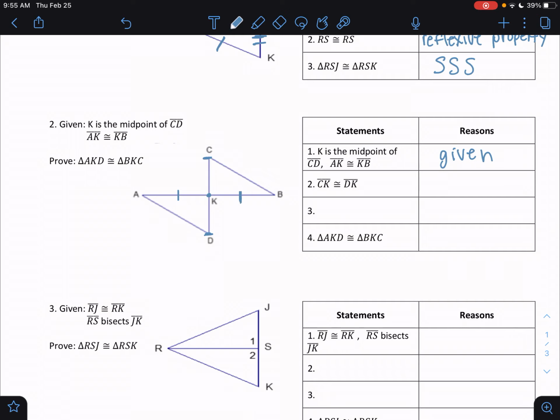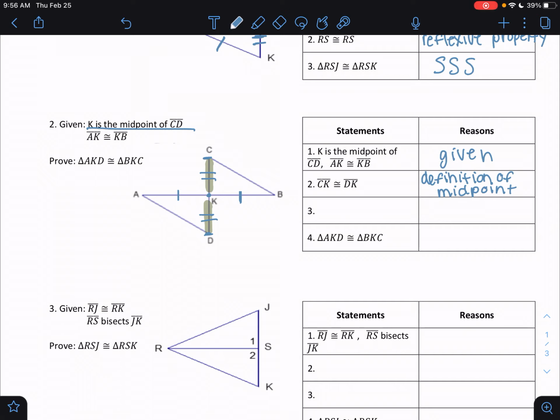So why is CK congruent to DK? The reason for this one is just that is the definition of midpoint. Because a midpoint is always going to cut something in half, and because they told us that K is the midpoint of CD, we know it's cutting it directly in half, and so that's our reason for that one.